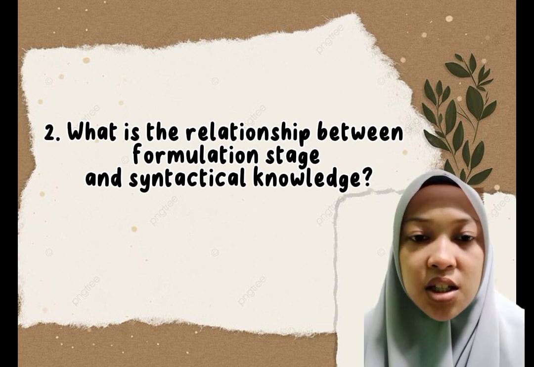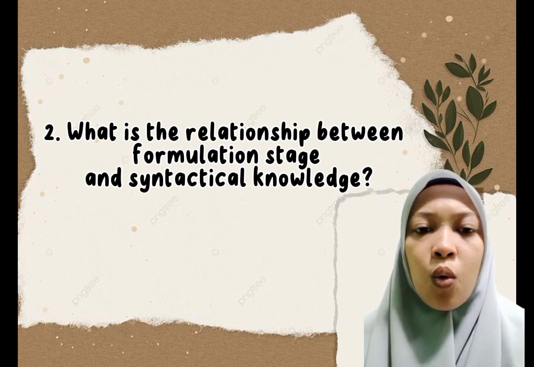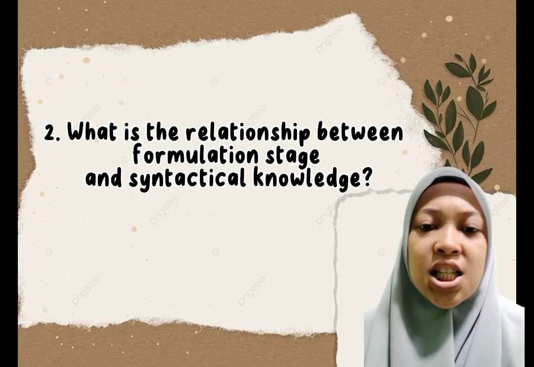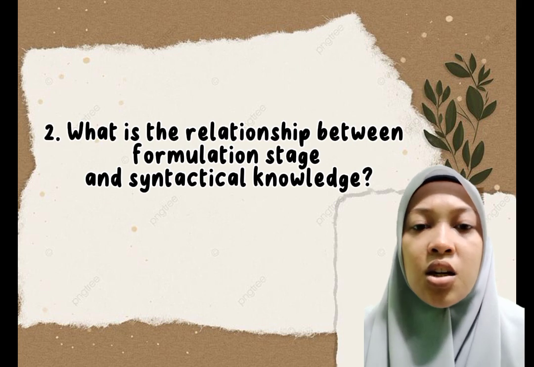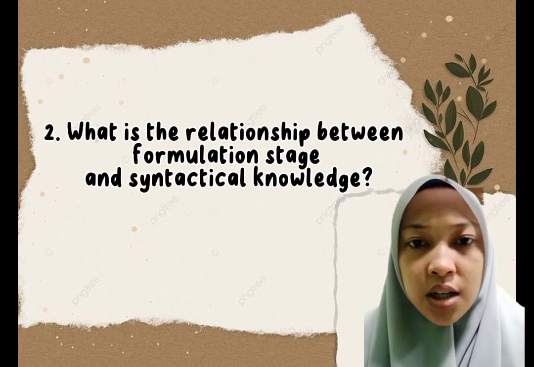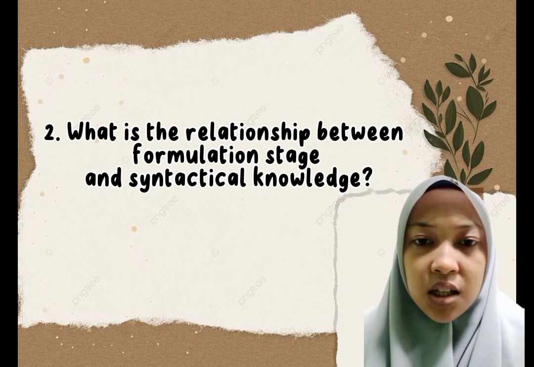In the formulation stage, individuals plan and structure what they want to say or write. Syntactical knowledge involves understanding the rules and structure of language, such as word order, sentence construction, and grammar.